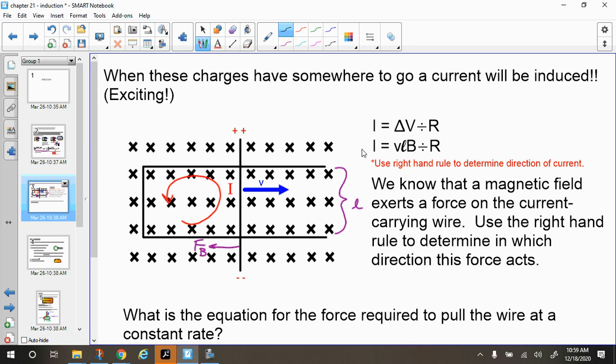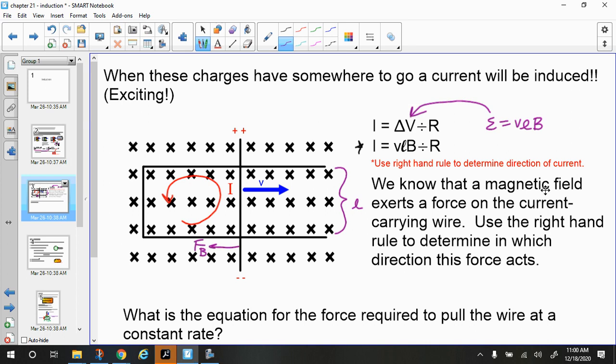So now I have this equation here for my current in this situation where we have a bar moving through a magnetic field and the charges have a place to go. I'm just going to write it out right here so that we can remember what it is that we did. So we're plugging that in right there.